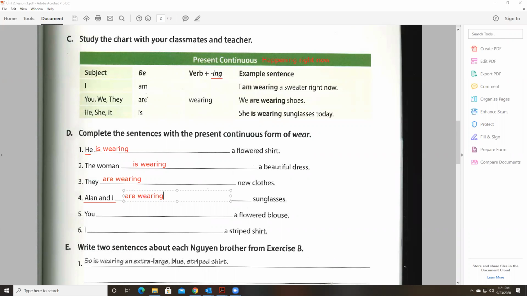My verb to be is are, and then present continuous of wear is wearing. You are wearing a flowered blouse. And number 6, I blank a striped shirt. So I is our subject, am is our verb to be. I am wearing a striped shirt.